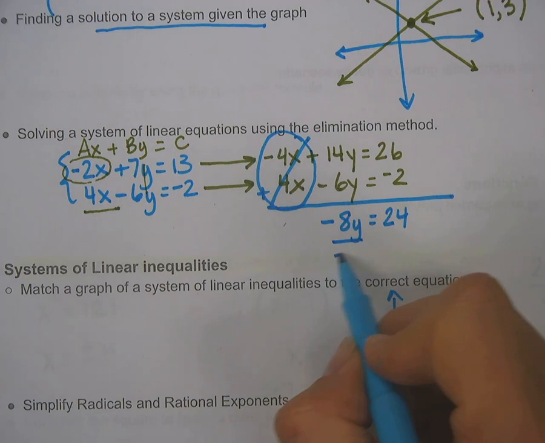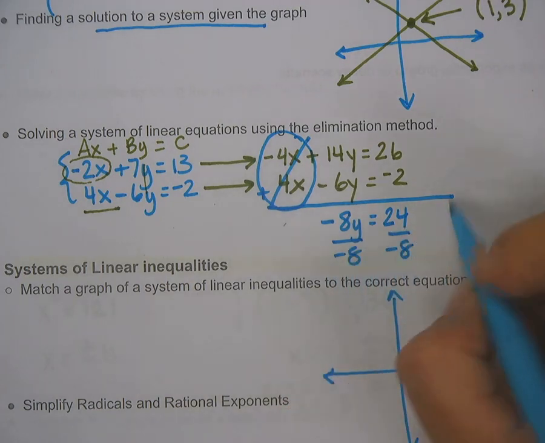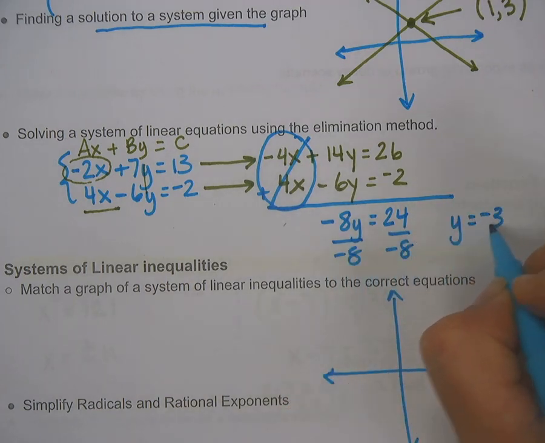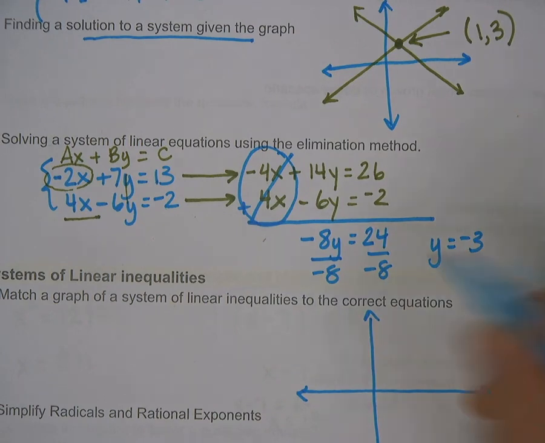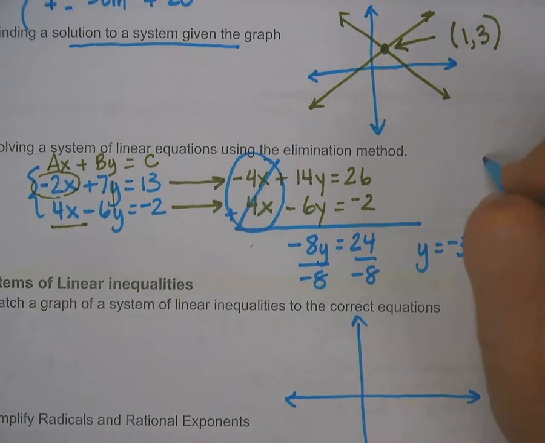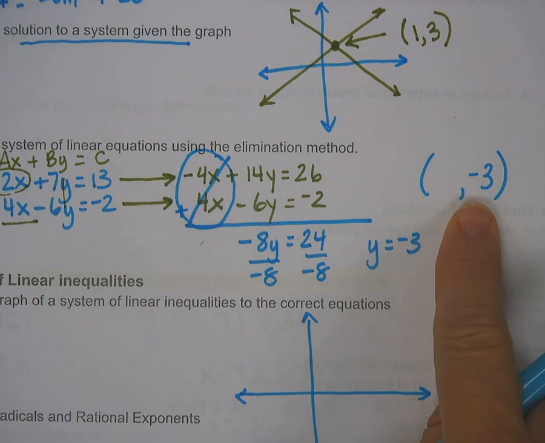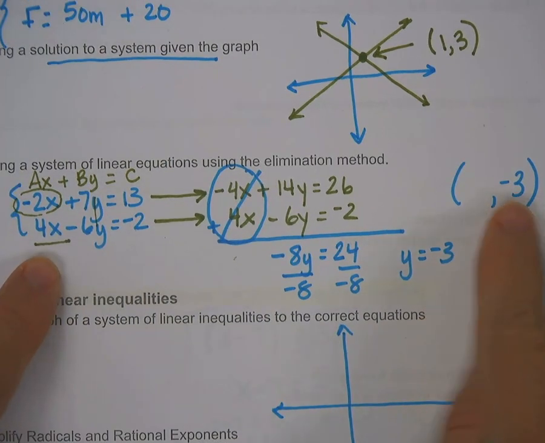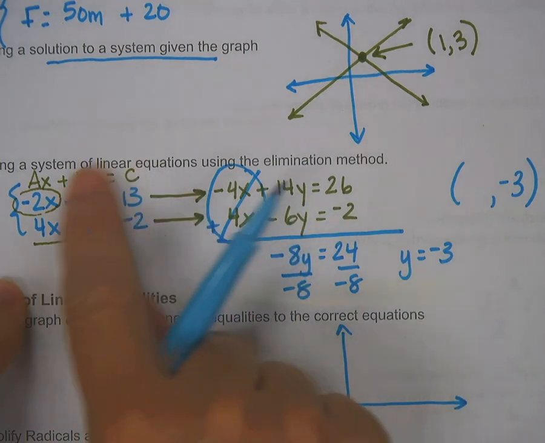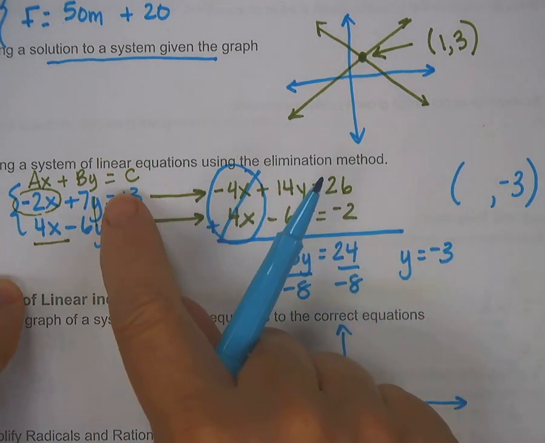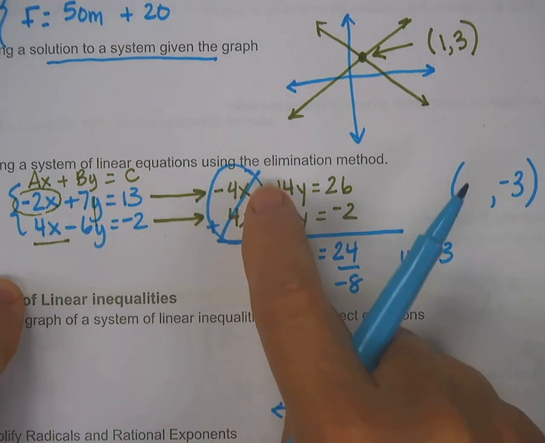Now I'm able to divide both sides by negative 8 to get y equals negative 3. 24 divided by negative 8 is negative 3. So I have half of my solution. Remember, a solution is an ordered pair, so I just found half of it. To find the x value that goes with this, I am going to plug negative 3 back into any of the equations, any of the two originals or any of these.